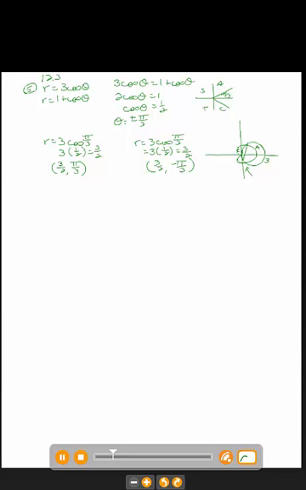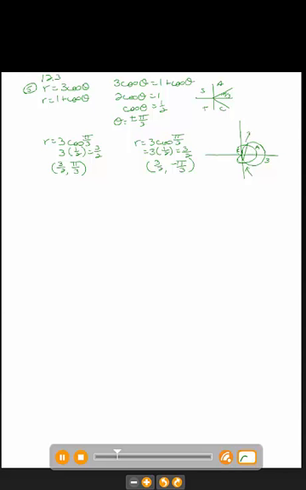Maybe here. And this would be 3. The cardioid is the same one from before, and we know it crosses at 2. So it's going out like this, coming around, hitting 2, coming back around and heading in. A little sloppy, but there you go.